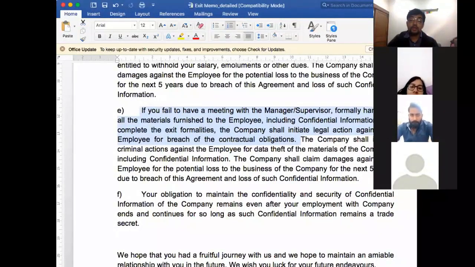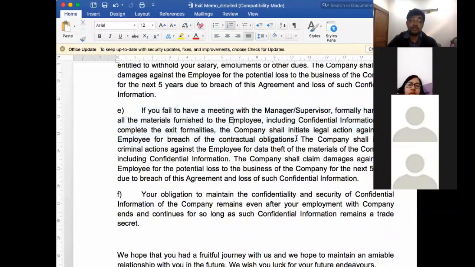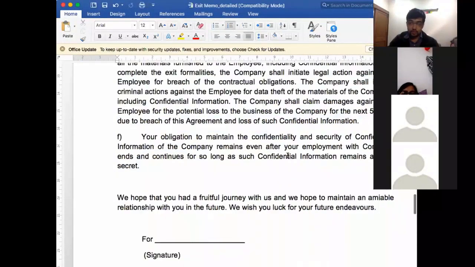We are talking about a contractual obligation under the employment agreement itself, which would have stated that all confidential information shall be destroyed on termination of the relationship or returned to the company. That kind of a contractual obligation would already be there in the employment agreement. And this clause is just referring back to that and communicating to the employee that this is what we will do, right?